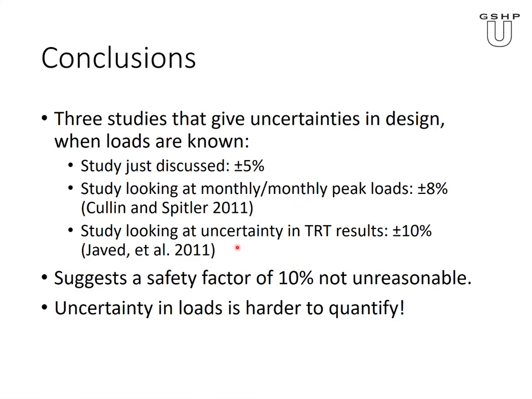In other words, how well we know the ground thermal properties, even when we measure it, suggests that there's uncertainty in the final results of about plus or minus 10%. So that suggests a safety factor of 10% isn't unreasonable. But in fact, there's also the uncertainty of the loads. So in this study, we measured the loads, but when you're designing a ground heat exchanger, usually you don't know the loads in advance.